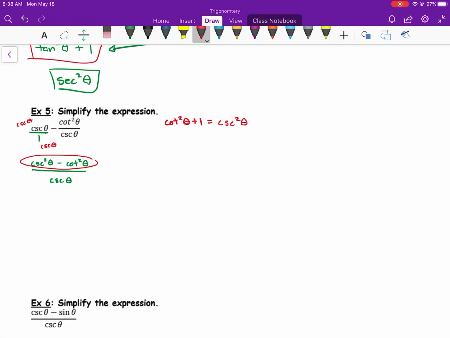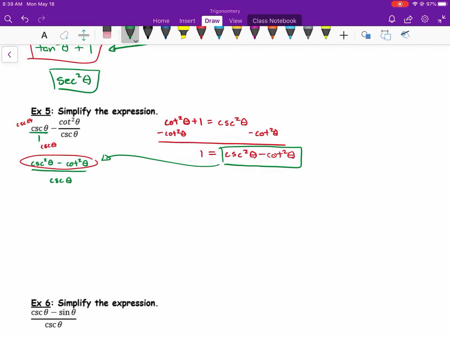So if I subtract cotangent squared, I get 1 equals cosecant squared of theta minus cotangent squared of theta. And that is what we want. So I'm going to substitute 1 over cosecant of theta. And cosecant is the reciprocal of sine. So flip it over and we get sine of theta.